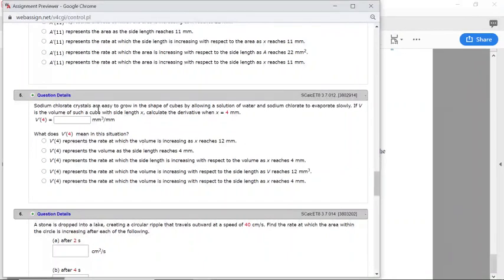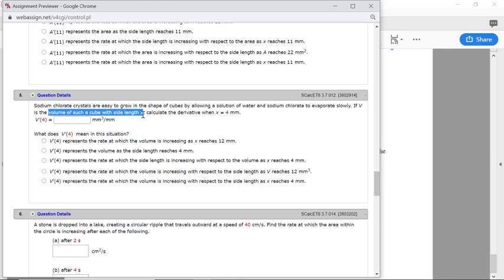Sodium chloride crystals are easy to grow in the shape of cubes by allowing a solution of water and sodium chloride to evaporate slowly. If V is the volume of such a cube with side length x, calculate the derivative when x equals 4. You're being told right here what the formula is. The volume of a cube where the side length is x.